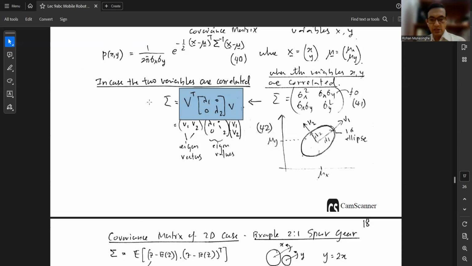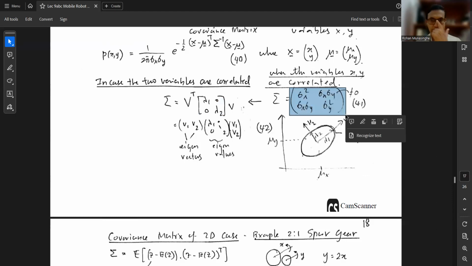So this combination, lambda and V, you have to select properly so that when you work it out, you eventually get the same covariance matrix here. You have to find out what the values are for lambda 1, lambda 2, and what V is.